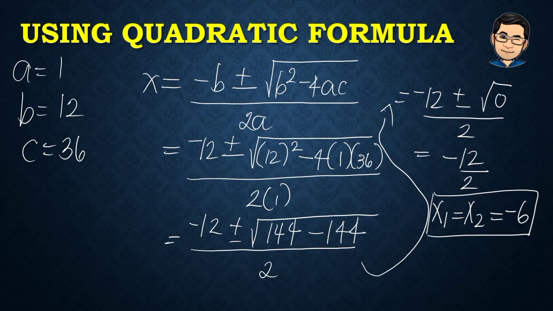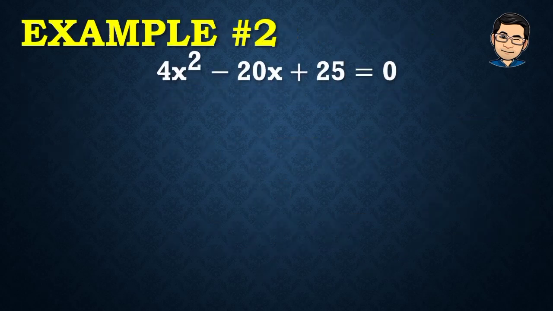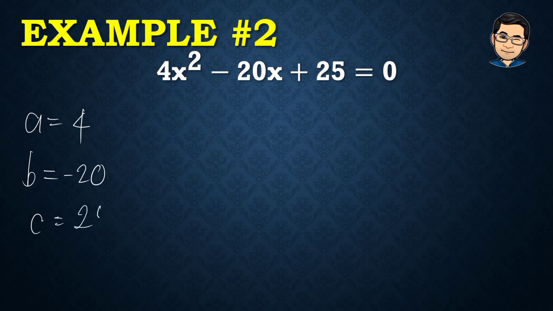Next, let's have the second example. 4x squared minus 20x plus 25 is equal to 0. Again, we identify the values of a, b, and c. So, a is 4, b is negative 20, and c is equal to 25.